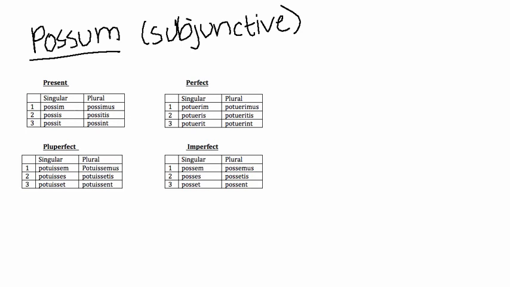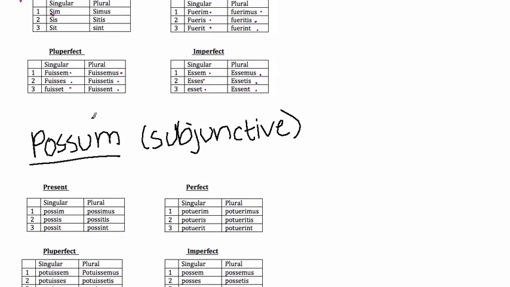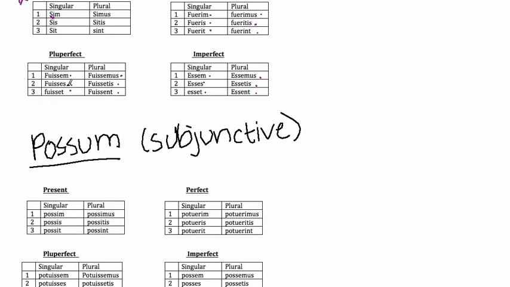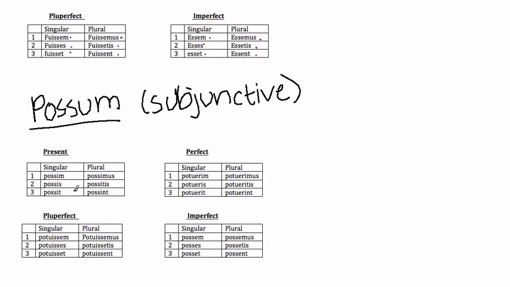So now we'll go through possum. As you can see, the present just adds the prefix pos to the present subjunctive of sum: sim, sis, sit, simus, sitis, sint, with pos added in front of it. The imperfect, if you remember, the dictionary entry for possum is possum, posse, potui.